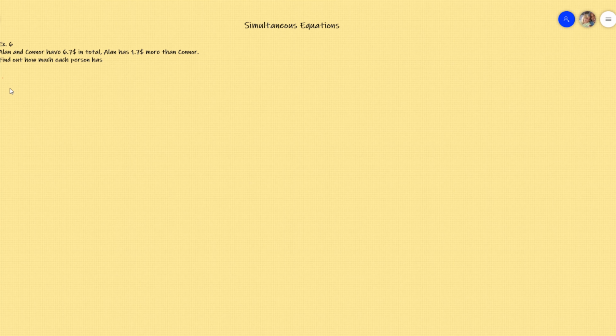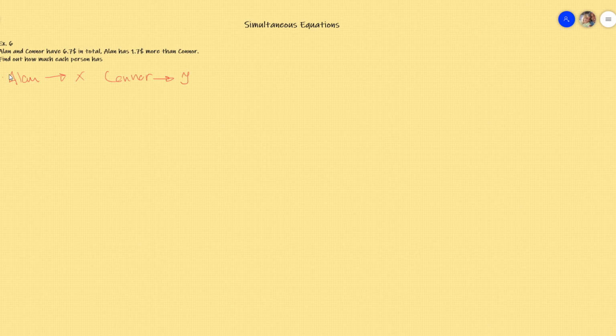In our last exercise, Alan and Connor have $6.7 in total. Alan has $1.7 more than Connor. Find out how much each person has. So, same as the previous exercise, we have to translate the English to mathematics. Let's say Alan will be x and Connor will be y.